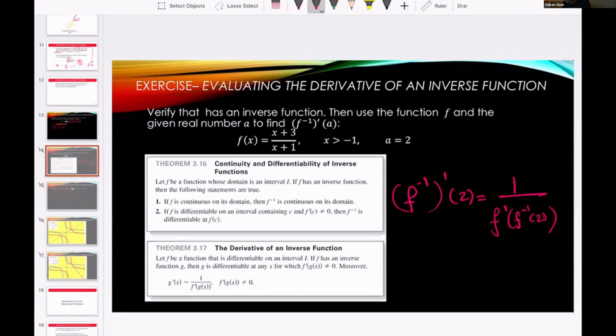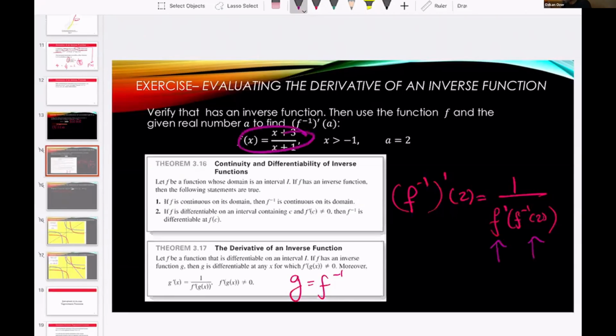I am simply using the formula. Again, remember that in this formula, g is f inverse. I am just replacing g by f inverse, and there are 2 things to find: one is f prime, the other one is f inverse at 2. And f prime is a piece of cake for you, because this is a quotient.